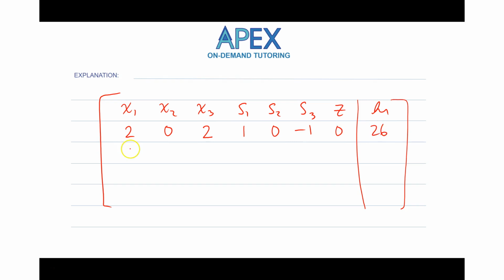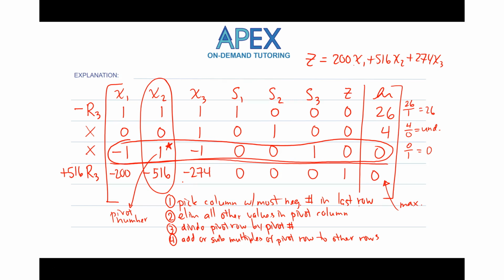Where did all those numbers come from? Well, remember that row 2 we're not touching, so that's just as it was. But really what we did was we took row 3, which looked like this, and we subtracted row 3 from row 1.